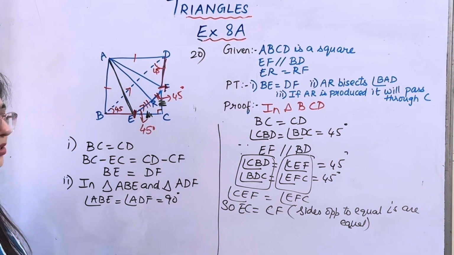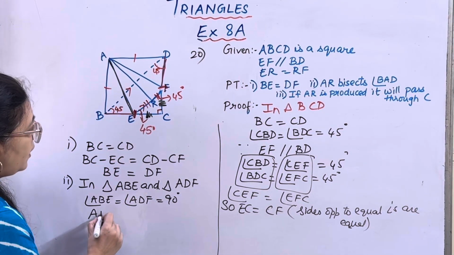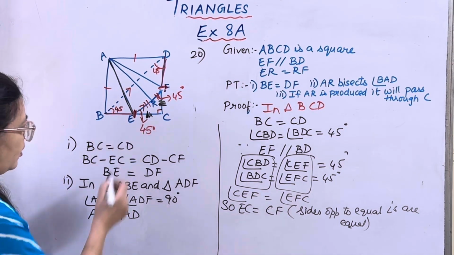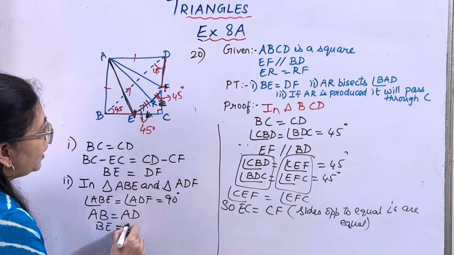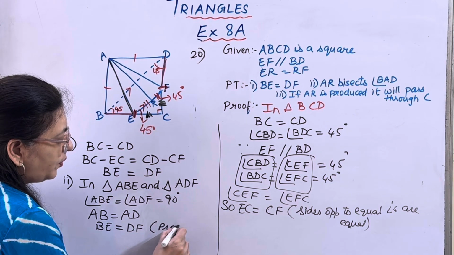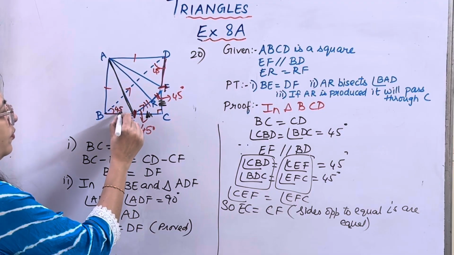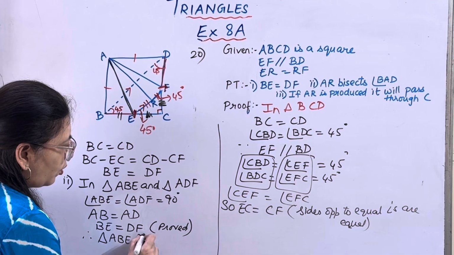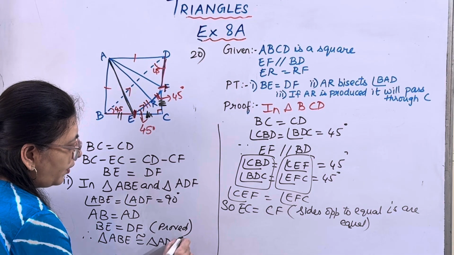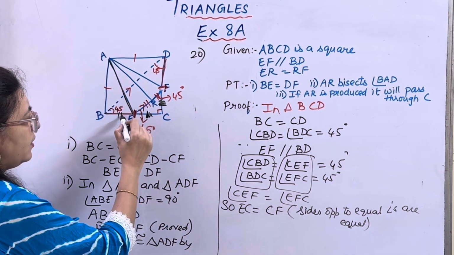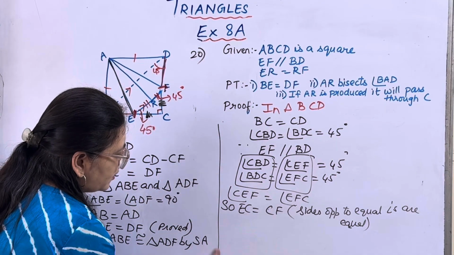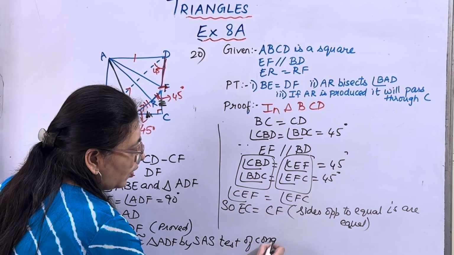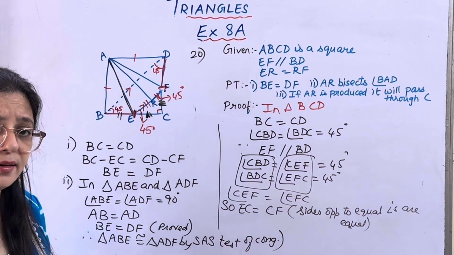Each angle in a square measures 90 degree. Then AB is equal to AD, sides of a square are equal. Then BE is equal to DF. This has also been proved, right? So we can say that triangle ABE is congruent to triangle ADF by side angle side, SAS test of congruency. Till here it's clear.